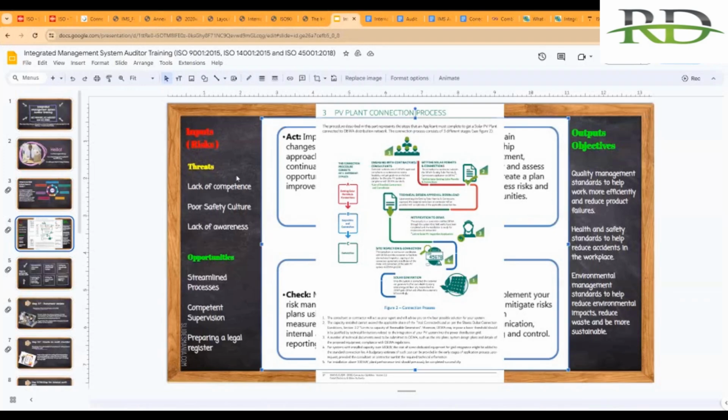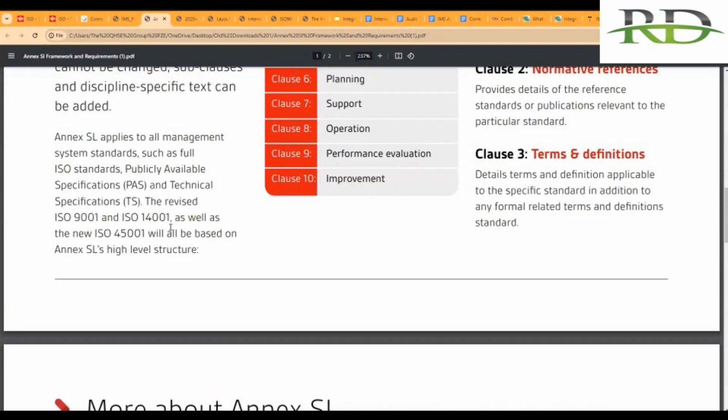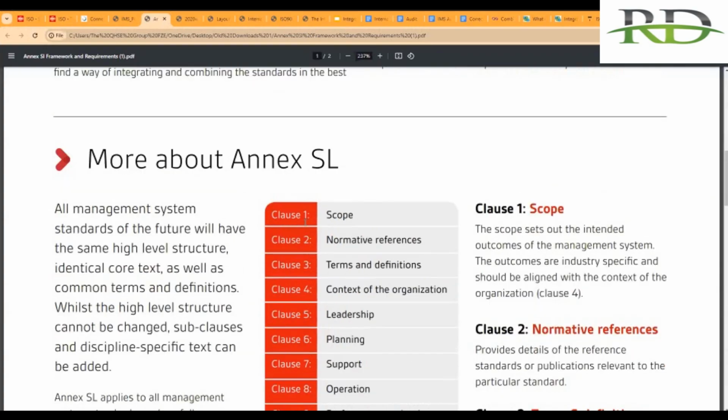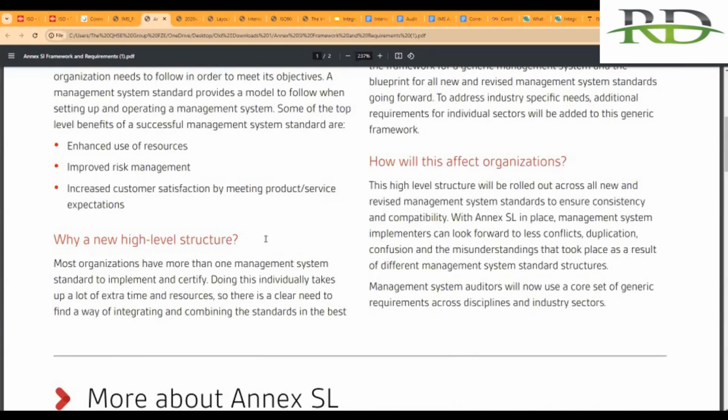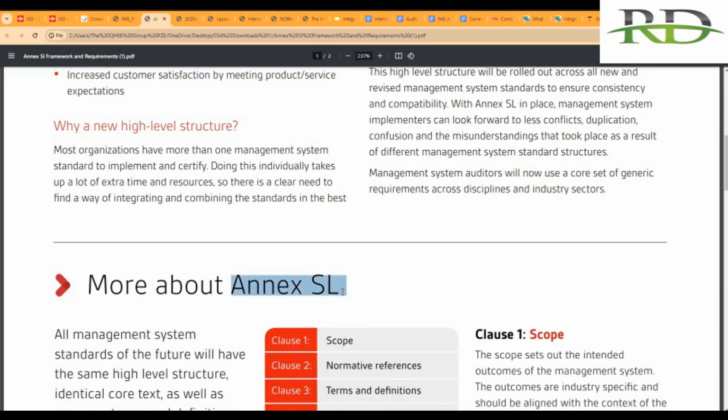The evidence of conformity means that we want to determine whether or not the organization did follow a set of procedures they need to follow in order to meet the intended outcomes or the IMS policy objectives. When you are looking at the evidence of conformity, you want to determine whether or not the organization followed a model. Are they using a model when they're setting up and operating an integrated management system? In other words, you are looking for the evidence of Annex SL.